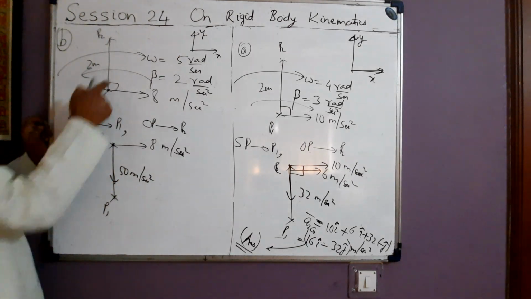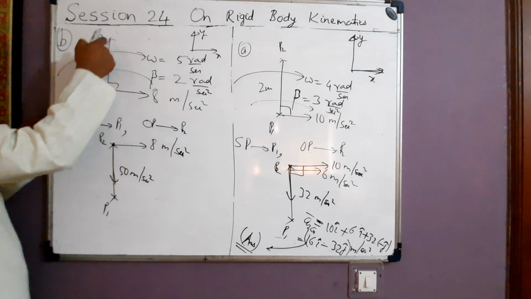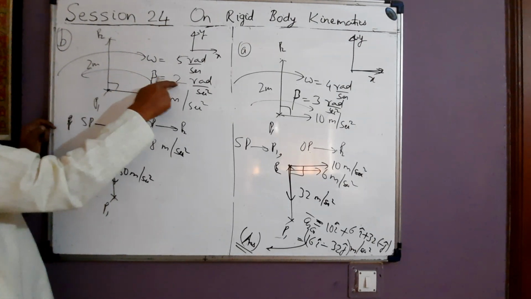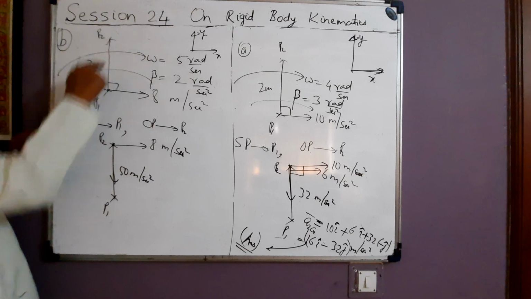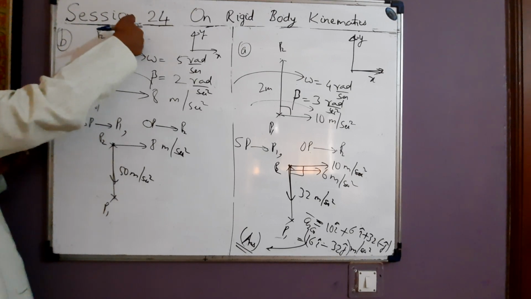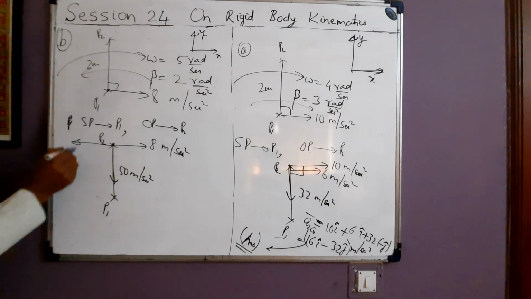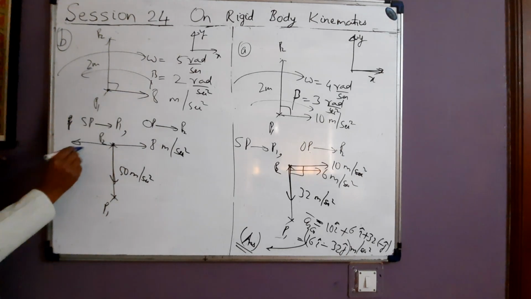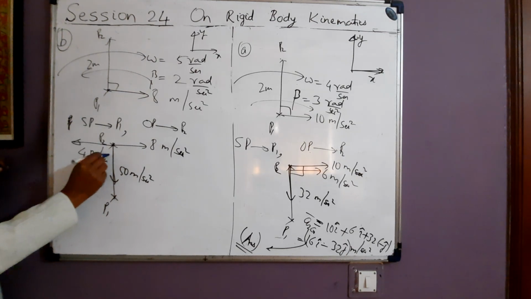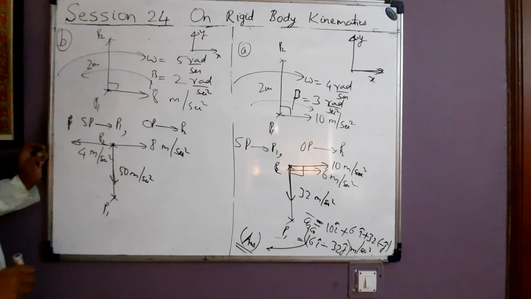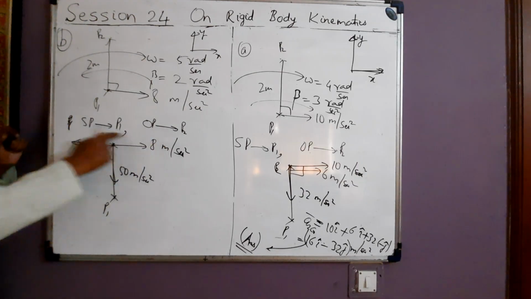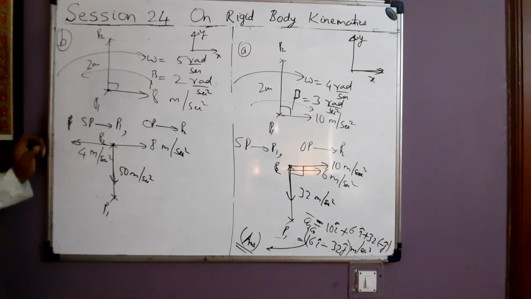And r beta. Now beta is anti-clockwise. So for P2 we give r beta, which becomes 4. With anti-clockwise beta and center here, r beta should be left, 2 into 2, 4 meter per second square. Now these are the three terms. If you add these three vectorially, we get the acceleration of P2 with respect to ground.